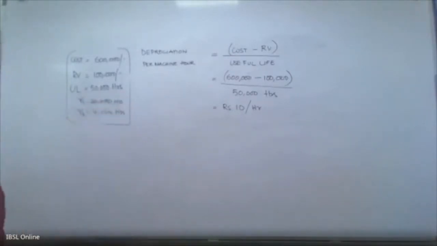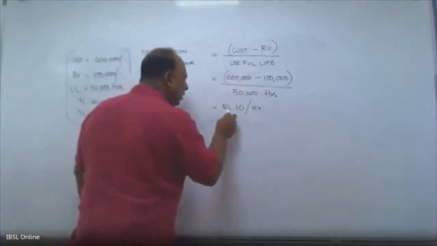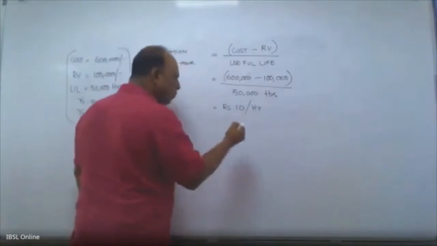It's not a small number of hours that you will use. It will be a large number. So the depreciation per hour is the question. So when you calculate, the answer that you get is 10 rupees per machine hour. So you have to allocate depreciation of 10 rupees when you use 1 hour.